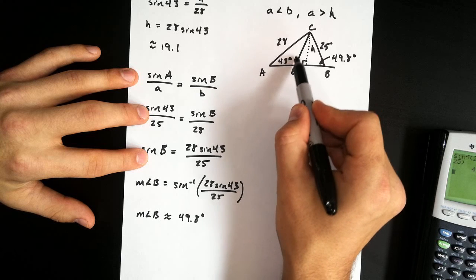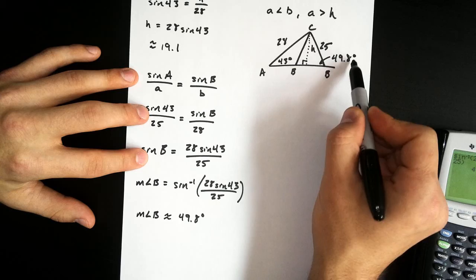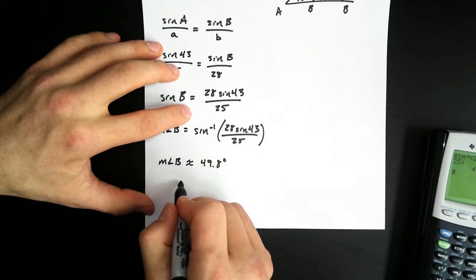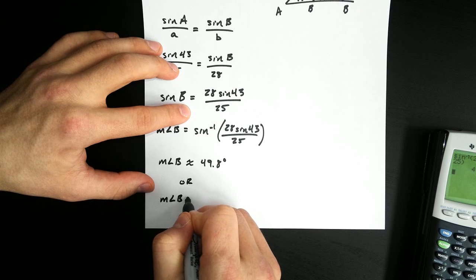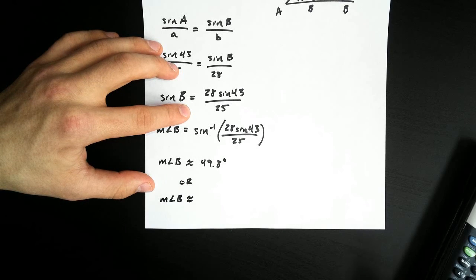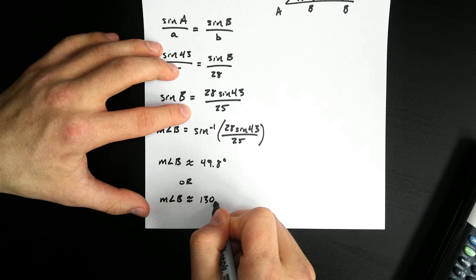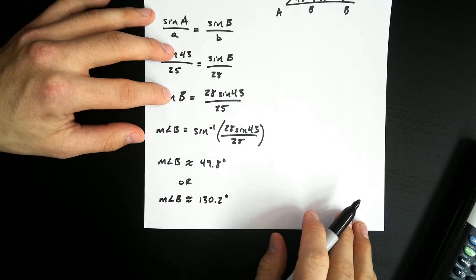So on the inside of the triangle, this is just the supplement to the 49.8. So to find our second possibility, let's just take 180 and subtract the 49.8. So we get about 130.2. So those are our two possibilities for angle B.